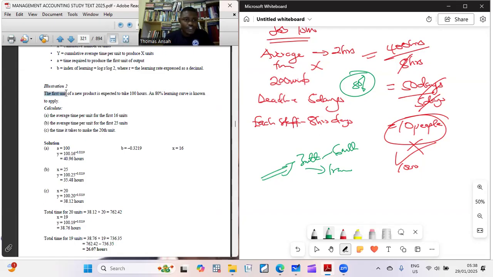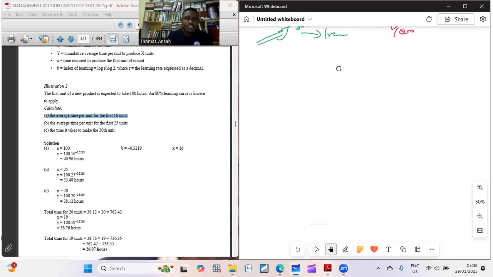It says that the first unit of a new product is expected to take 100 hours, and the learning rate of 80% is known. We are supposed to find the average time per unit for 16 units. Look at the question carefully, because we are doing average time per unit for 16 units.